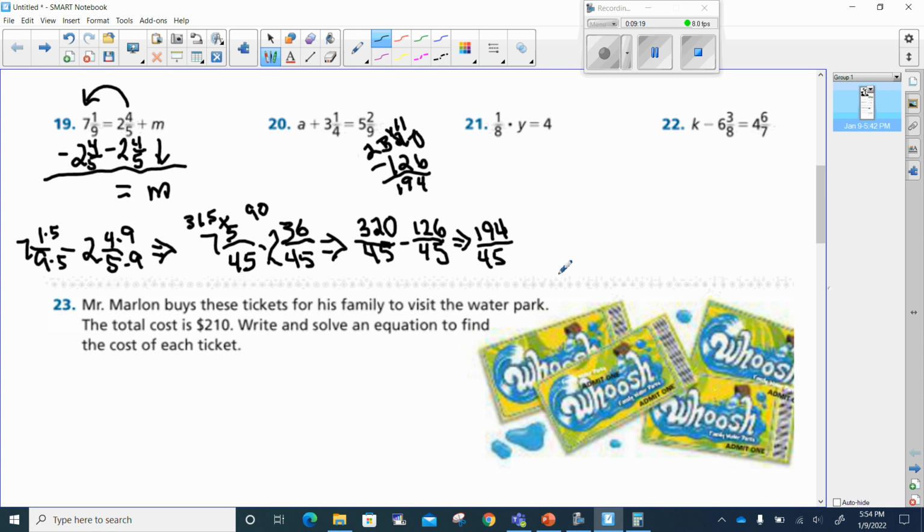But remember, every fraction is a division problem. All right, so 194 divided by 45 is our last bit of work. I know that 5 won't go into 4 evenly.